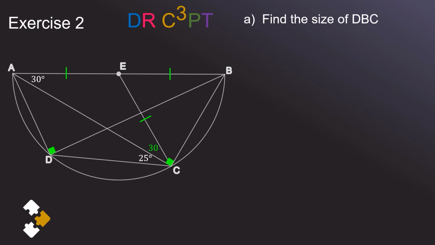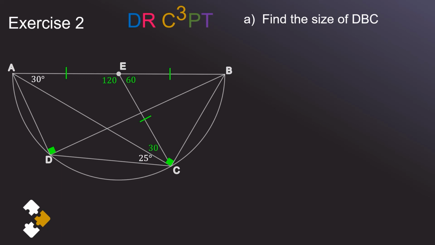And then I also now have a triangle in which I've got two of the angles, so I can go find the third, and then 180 minus 30 minus 30 tells us that AEC has to be a 120-degree angle. But then we can see that AEB is a straight line, and angles on a straight line have to add up to 180 degrees. So now I know that that angle CEB is in fact equal to 60 degrees.